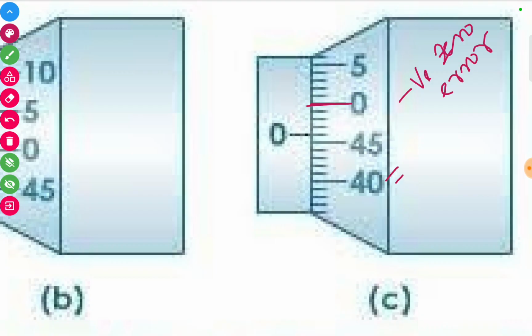The negative sign, and the number of circular scale divisions: if there are 100 then 100, if 50 then 50, if 500 then 500. I am taking a total of 100 divisions in the circular scale. So minus sign for the negative one.